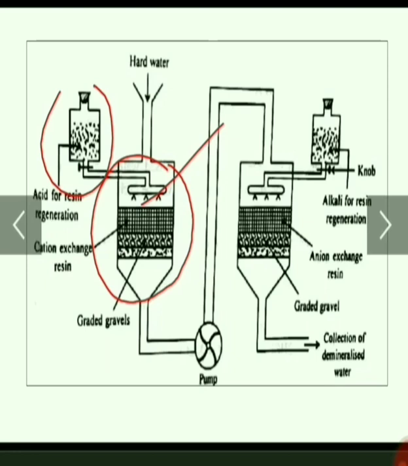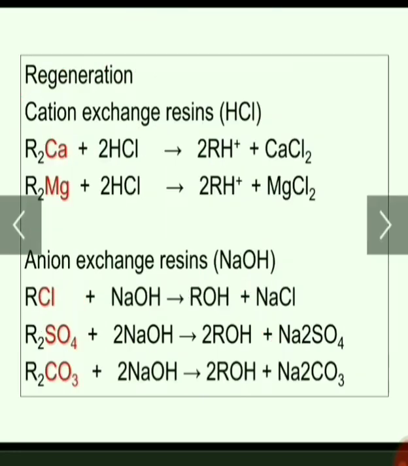When you sprinkle acid, this R2Ca reacts with acid, and the Ca gets replaced by H plus. So 2RH plus CaCl2. Here Mg gets replaced by H plus. We get 2RH plus MgCl2. So now the cation exchange resins are regenerated.